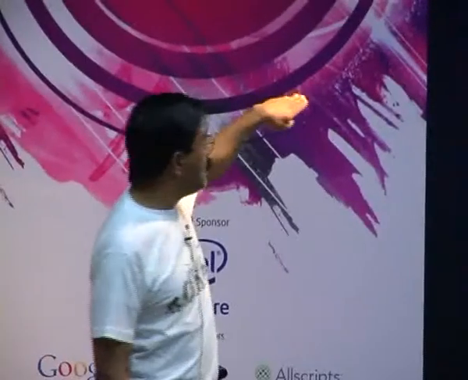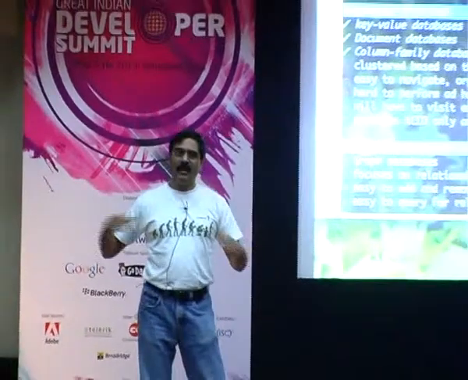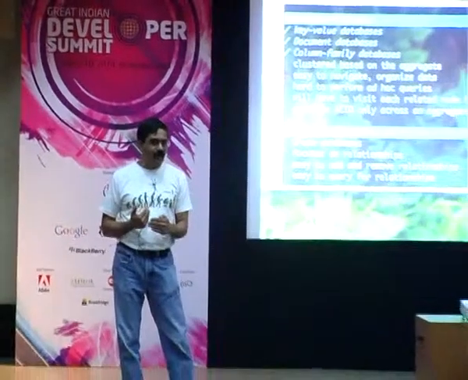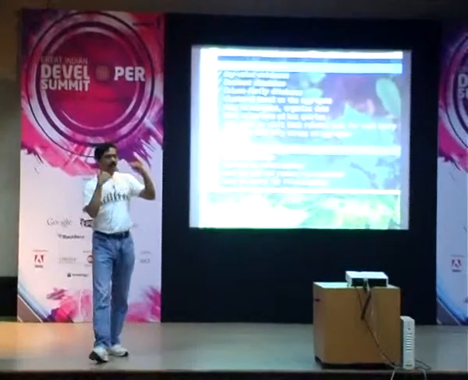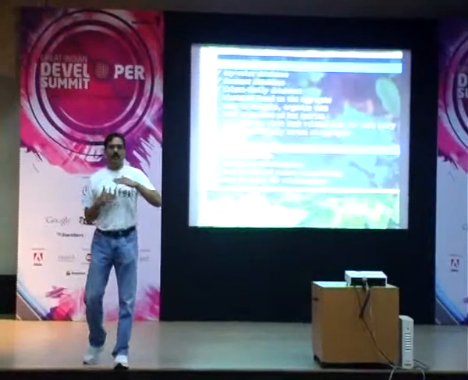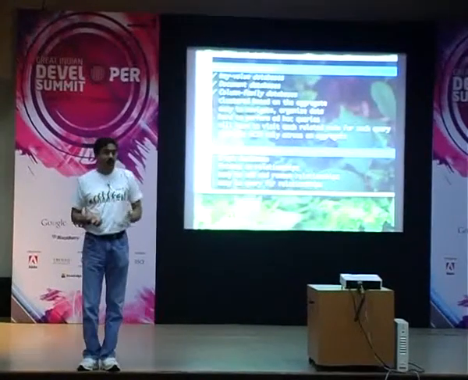And that's what a column family database gives you: it is column-like, like relational databases, but every row can have different sets of columns.